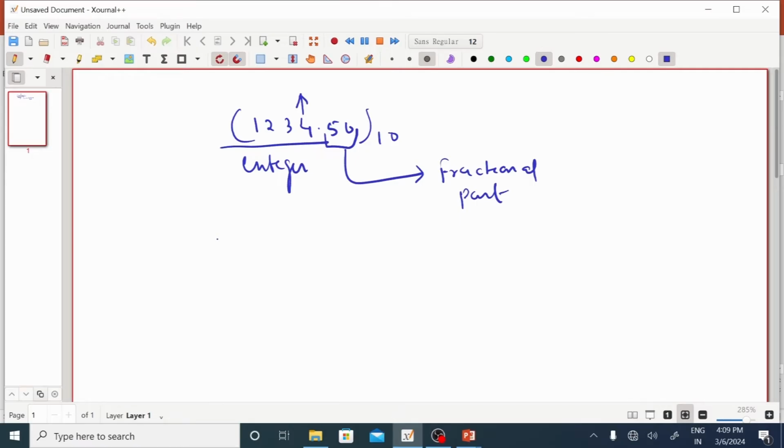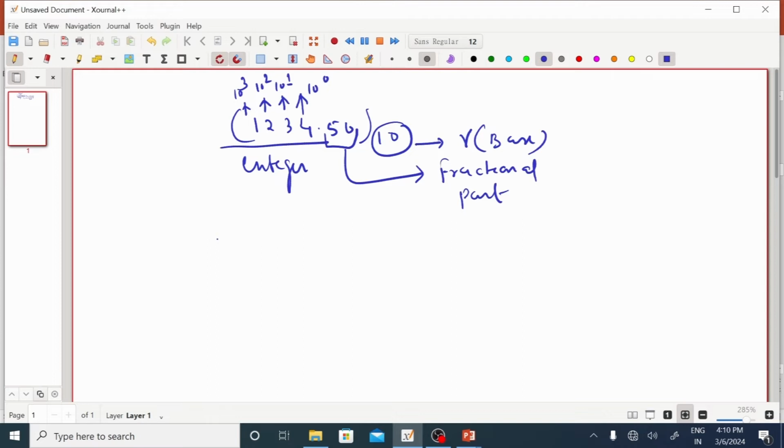What is the base here? The value of r, the base of the number system, is equal to 10. So this is multiplied by 10 to the power 0, this is in the first index so it is multiplied by 10 to the power 1. Similarly, this is multiplied by 10 to the power 2, and this by 10 to the power 3.